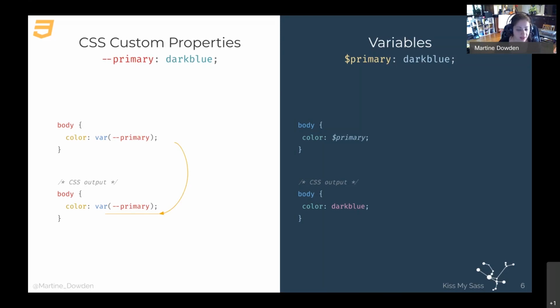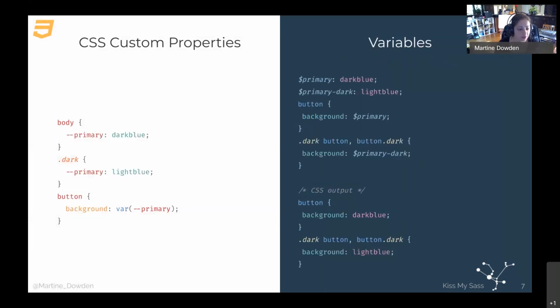So that has the advantage that no matter what, you can change that variable value dynamically, and it will go ahead and change everywhere that you reference that variable. In Sass, that's not possible because, again, that value gets changed at compile time to whatever the value of the variable is. So in terms of theming, there's a lot of differences on how these can be used.